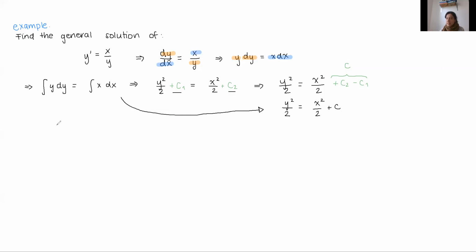So if I multiply everything on the left-hand side by 2 and everything on the right-hand side by 2, I'm going to get that y squared is equal to 2 times x squared over 2, which is just x squared, and then plus 2 times c. And that means that y is going to be equal to either plus or minus the square root of x squared plus 2 times c.